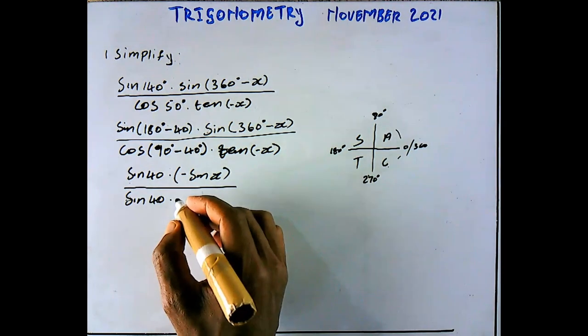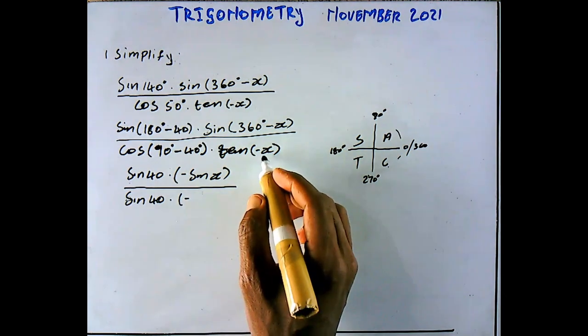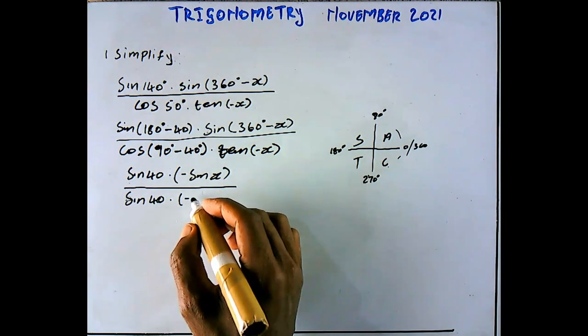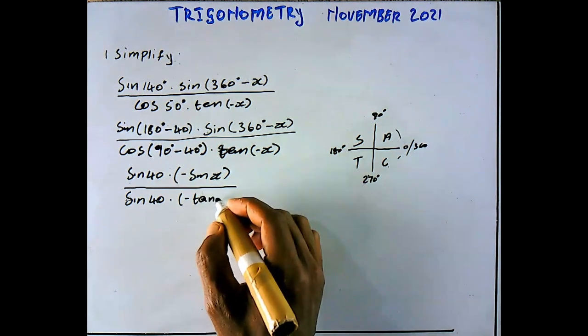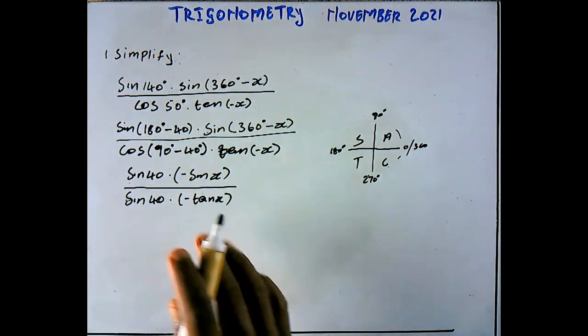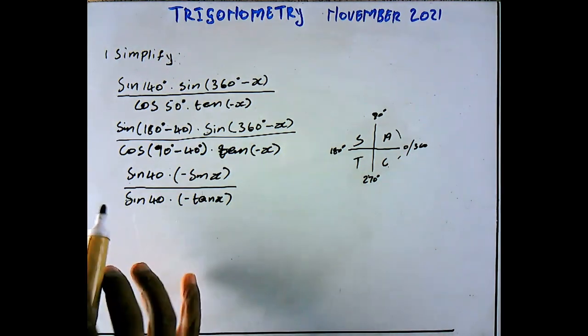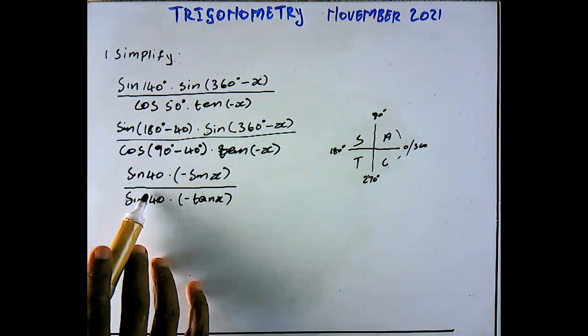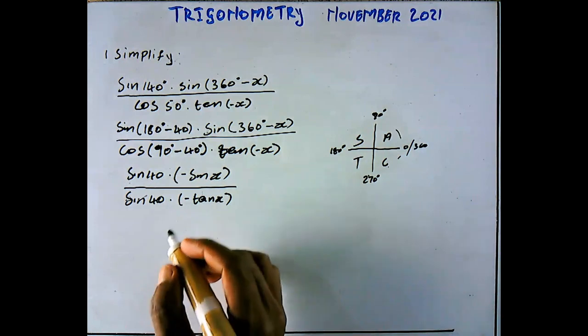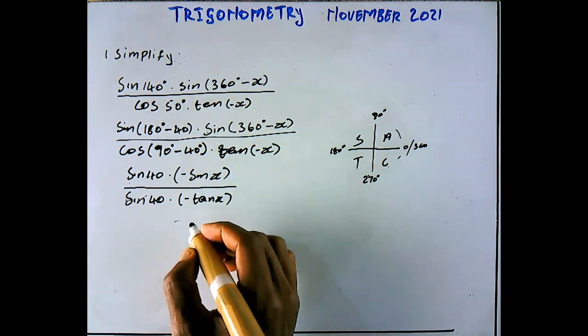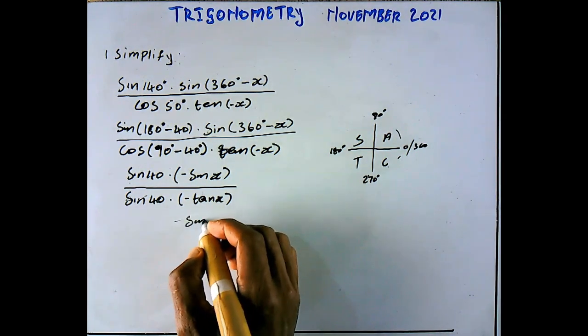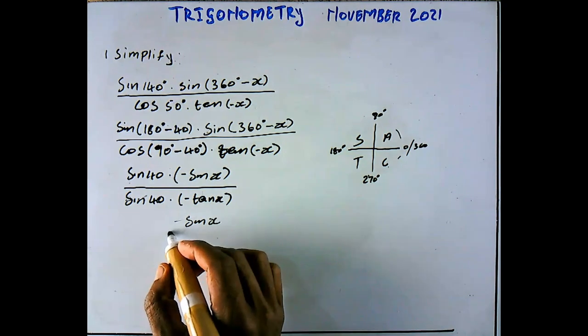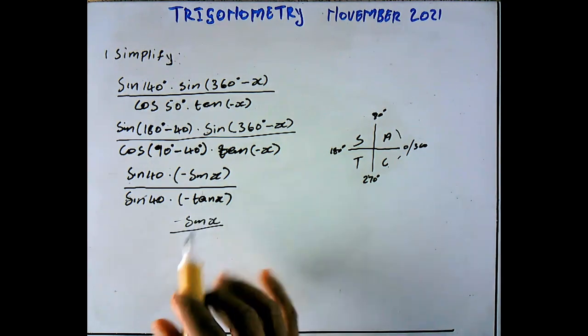Then tan of a negative angle is the same as negative tan of the angle. So here sine 40 will divide sine 40. Then we are left with negative sine x over tan x.